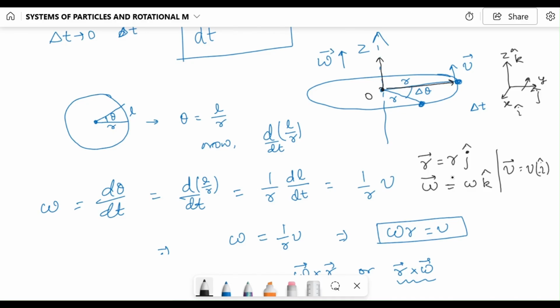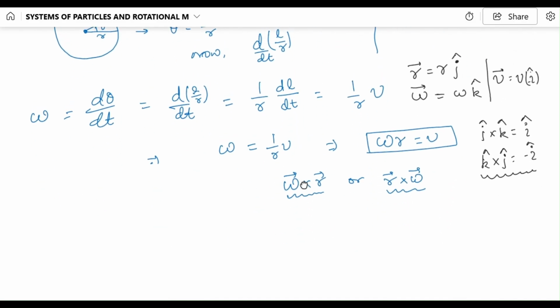Now we have to check whether r cross omega or omega cross r is going to give us minus i cap. We know j cap cross k cap gives us i cap, and k cap cross j cap, we have discussed these things already. So we have to check which one is compatible, giving proper agreement with the unit vectors of these three vectors.